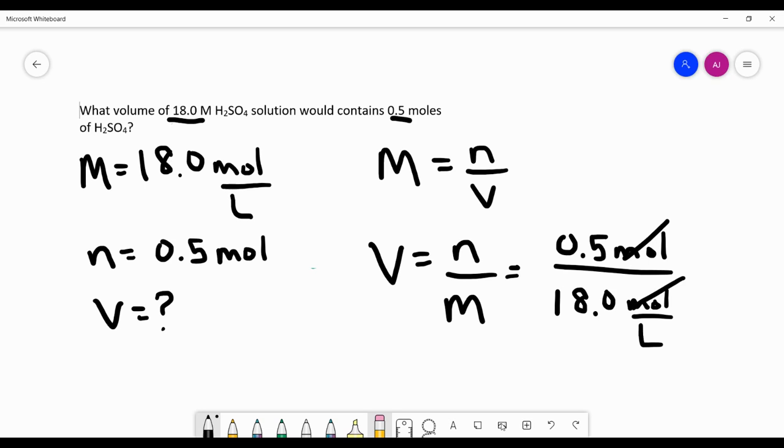We can see that the mole quantities will cancel out and we'll be left with a volume in liters.